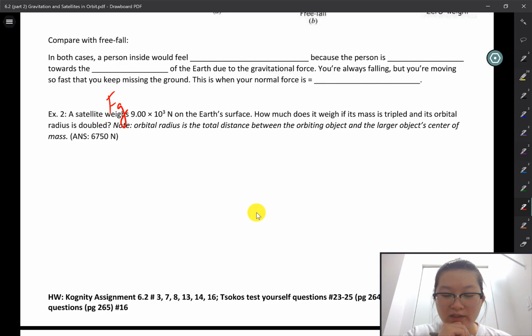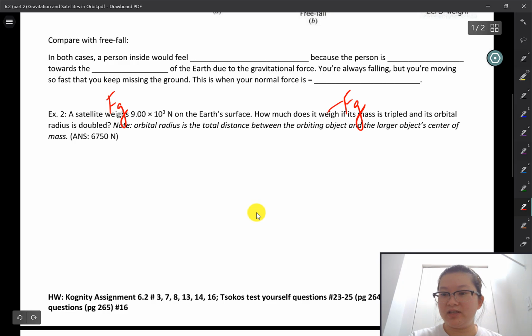What this question is really asking is what happens to this object if it's a little bit further out. If it's further away from the center of the Earth, what is the force due to gravity? So we're looking for Fg again, compared to if it's on the surface of the Earth. We'll do a comparison.